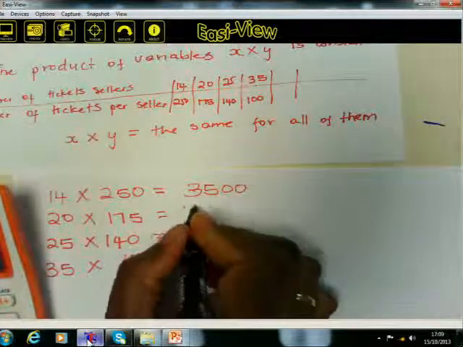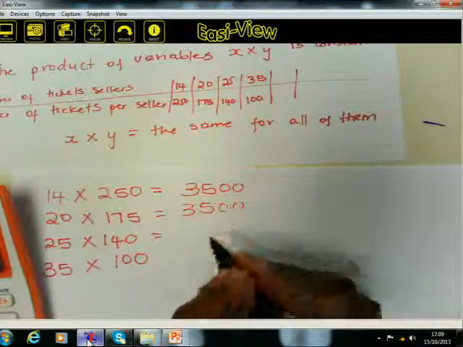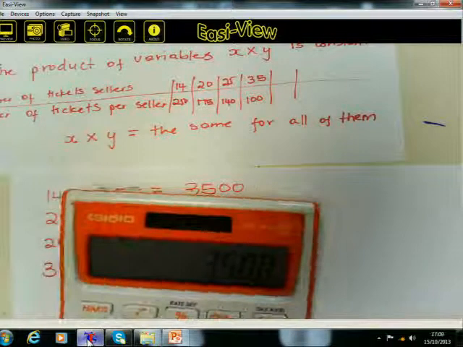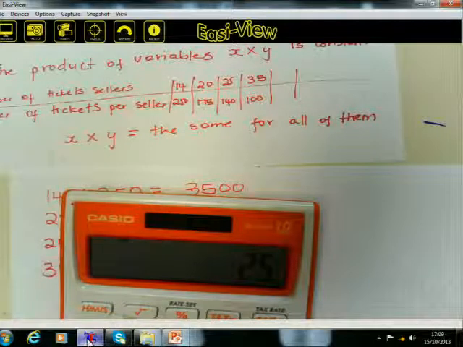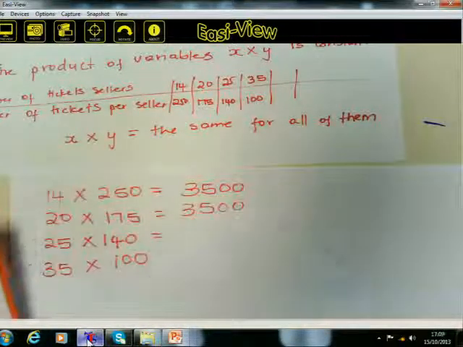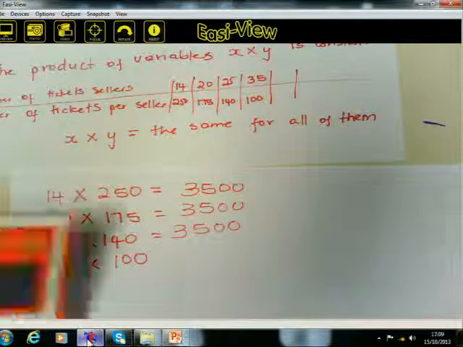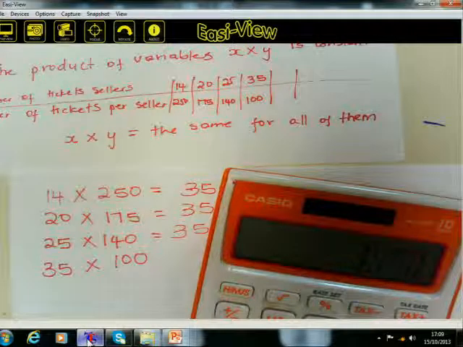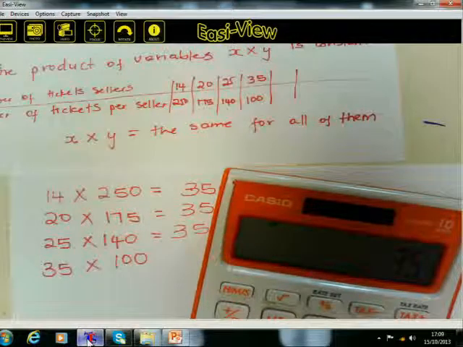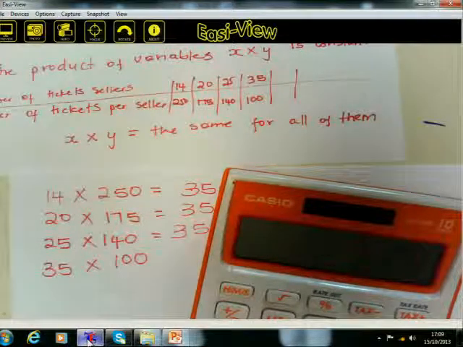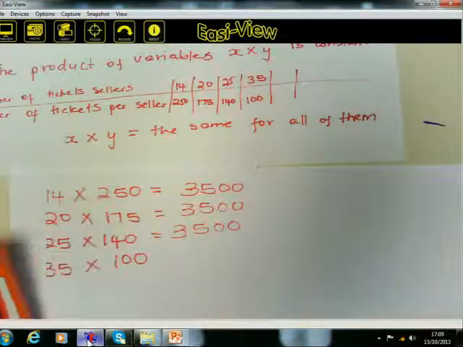Let's write it down, 3,500. And then the next one, 25 multiplied by 140, and then it gives us 3,500. We go to the last one, 35 multiplied by 100, and then it's also going to give us 3,500.